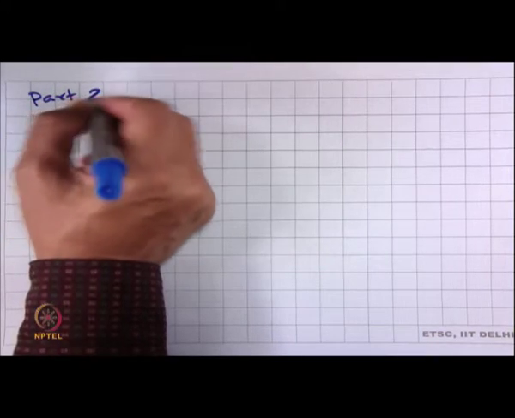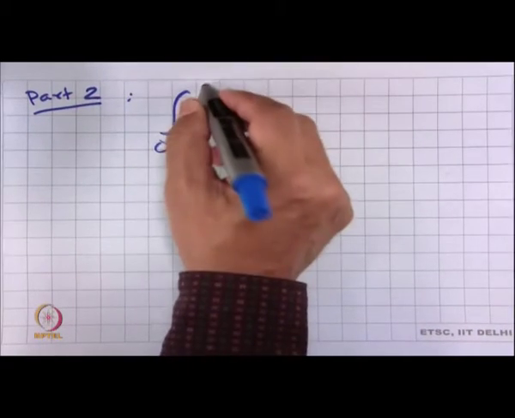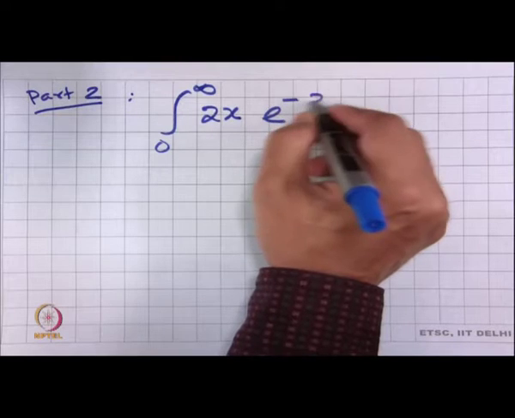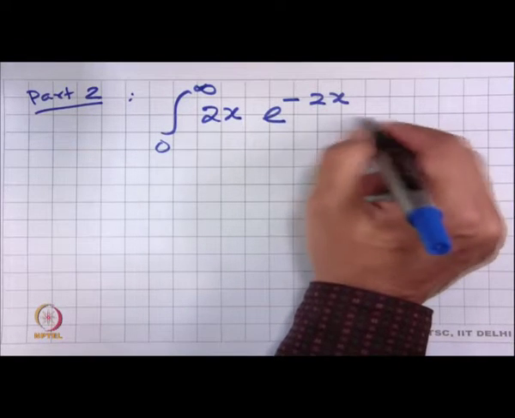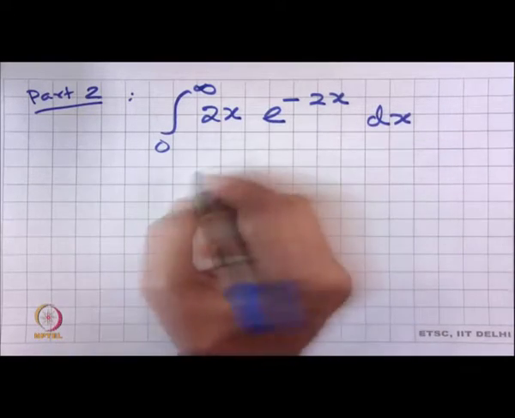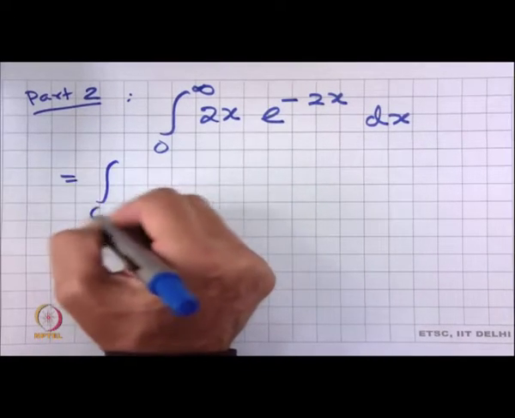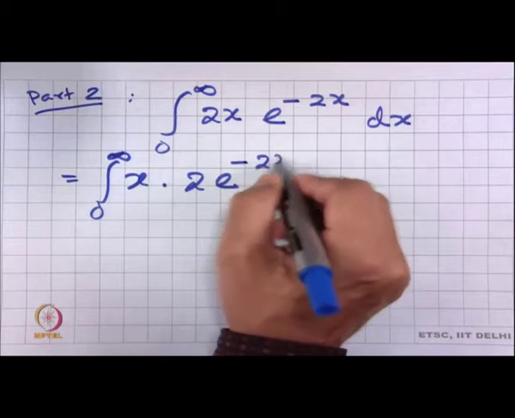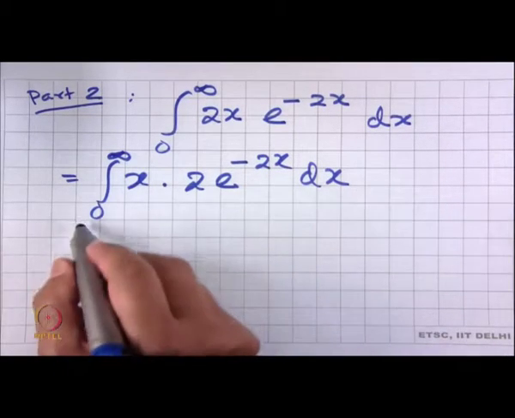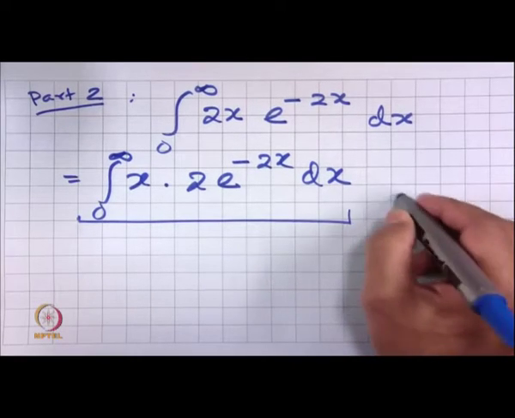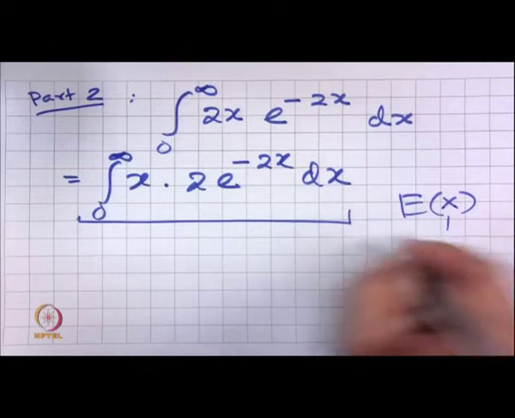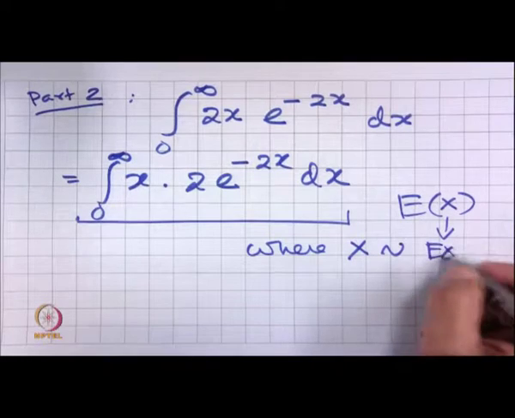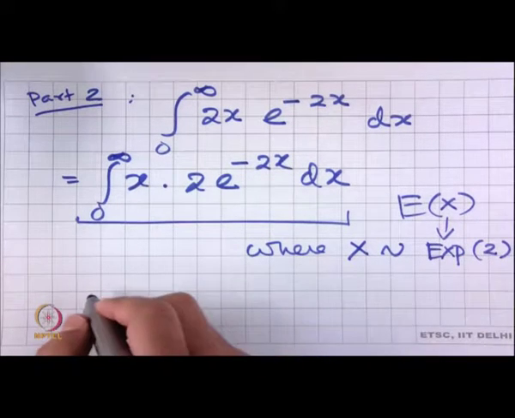Part 2 is 0 to infinity 2 x e to the power minus 2 x dx, which is equal to 0 to infinity x into 2 e to the power minus 2 x dx, and this is the expected value of x, where x is exponential with 2.